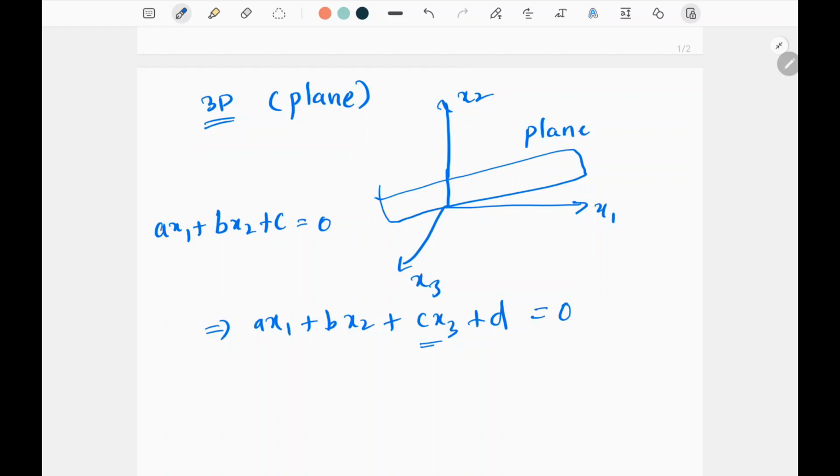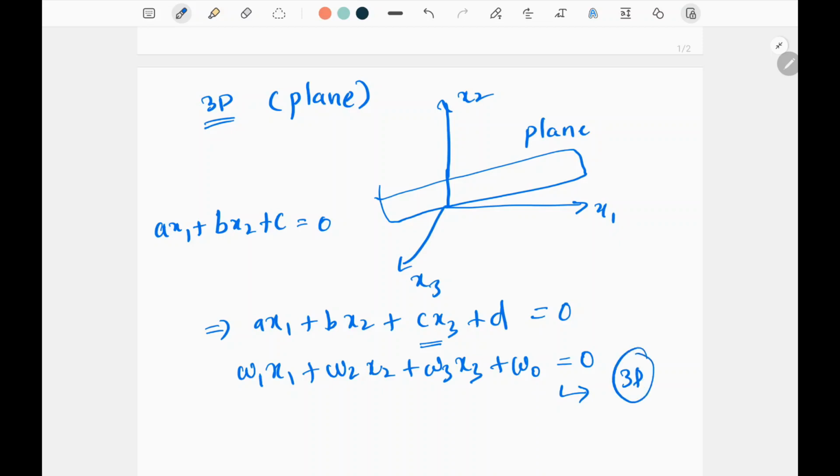We have an extra term. For simplicity, we are substituting w1 x1, then w2 x2, w3 x3 plus w0 for the intercept term. This is the equation, the 3D representation of a plane.